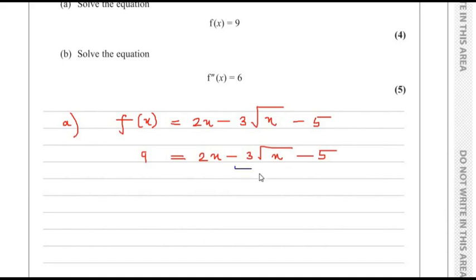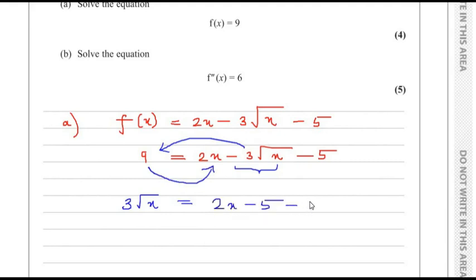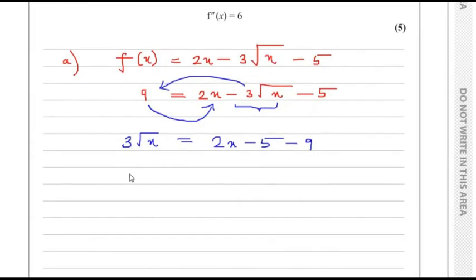I am going to take the minus 3 root x to the other side of the equation, and 9 to the right hand side. So it rearranges as 3 root x is equal to 2x minus 5 minus 9. Simplifying further, 3 root x is equal to 2x minus 14.